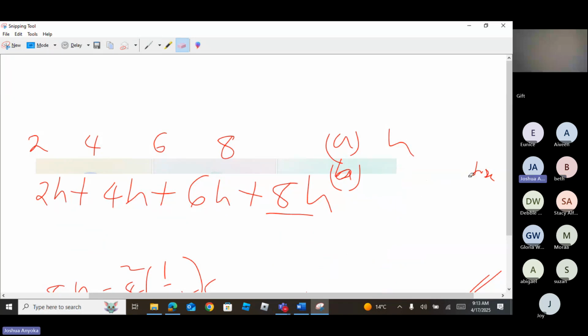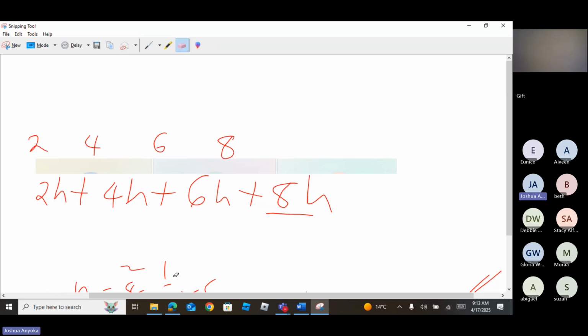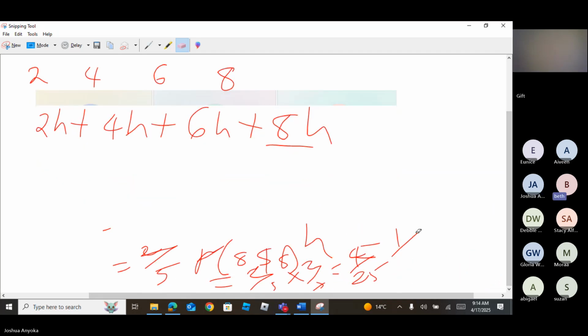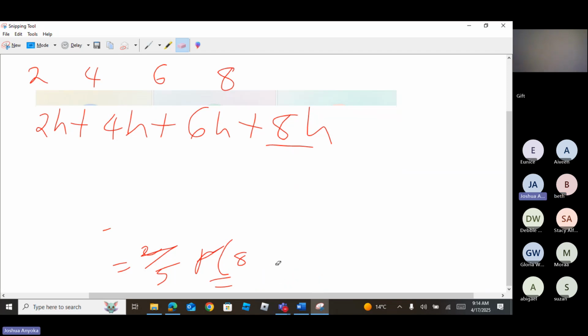Let me read part B. What does part B say? If the tetrahedron is tossed twice, find the probability that it lands on the side marked 8 in the two tosses. The side marked 8 in the two tosses.